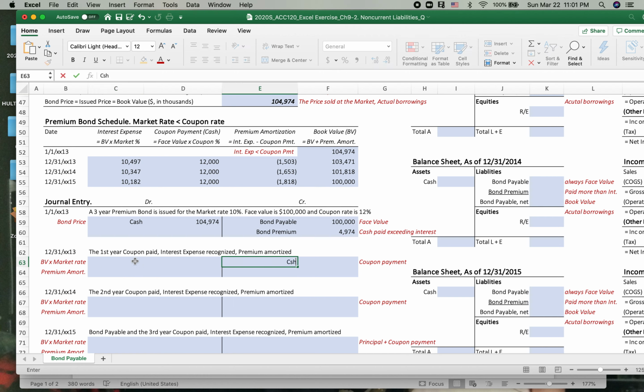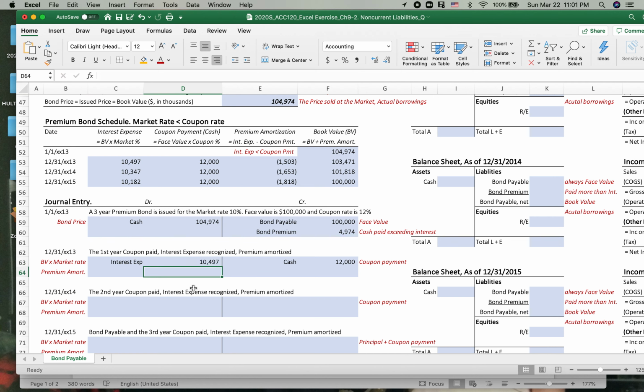So the company paid the cash amount, which is the coupon payment, and recognized interest expense. We have calculated these, and the difference between the interest expense and the cash coupon payment is now the bond premium.